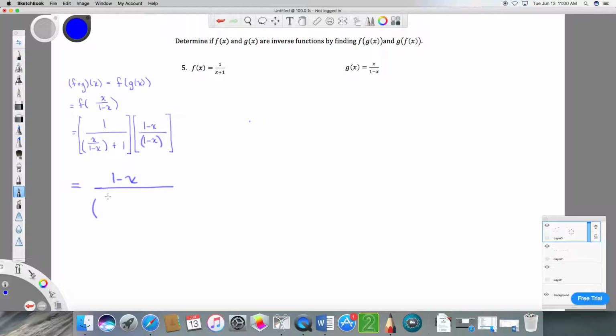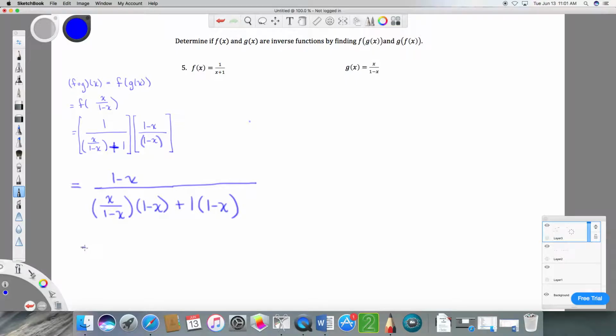So this first term is x over 1 minus x, and it's getting multiplied by this factor of 1 minus x. The second term here is 1, and by the distributive property, it's also getting multiplied by this 1 minus x.